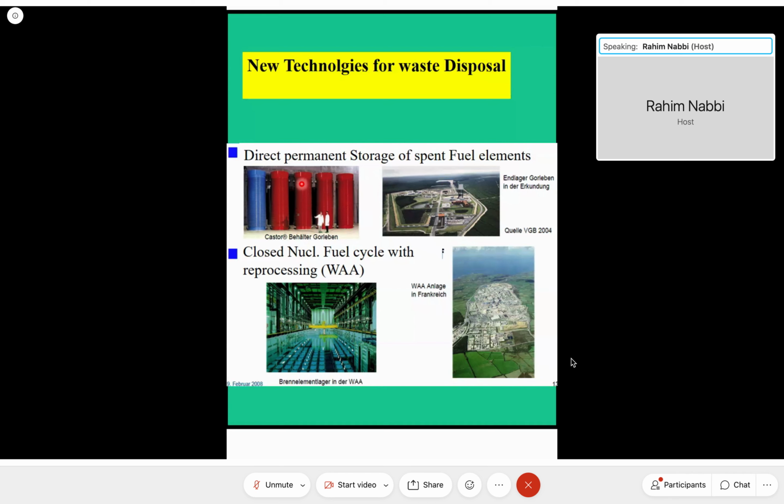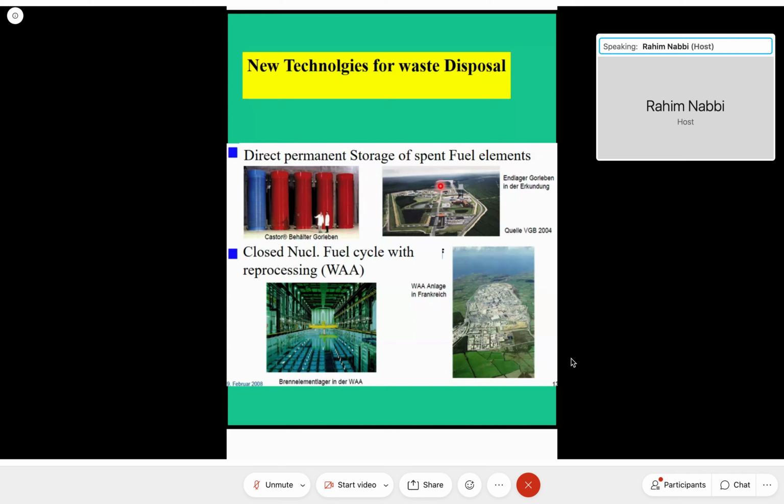Every container here consists of many fuel elements, and the fuel elements have partly not been conditioned or processed. It is called direct storage of the fuel element. Again, this is all heat-producing waste.